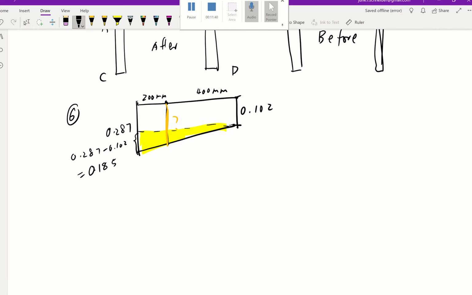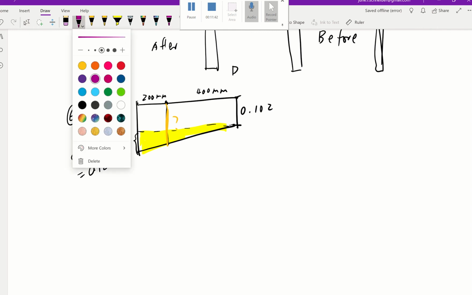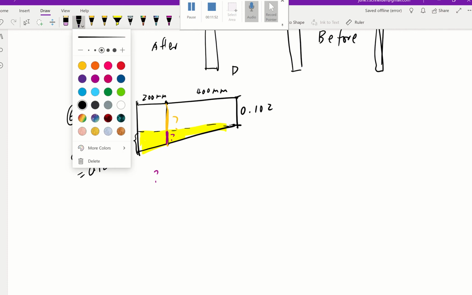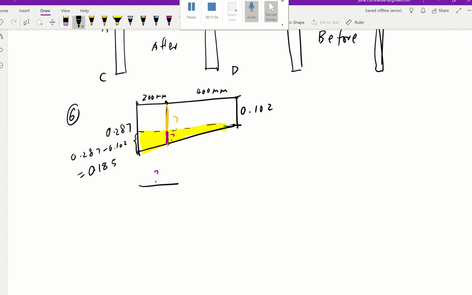And our goal is to figure out this length first, right here. So that purple one, okay? Then that purple one divided by this length, 0.185, is going to be equal to this length, 400, divided by this entire length, 600. So we will be able to figure out this question mark, the purple one.